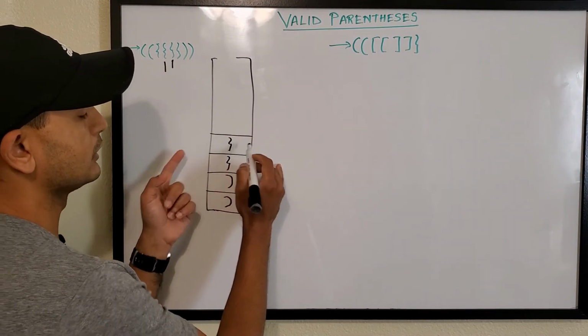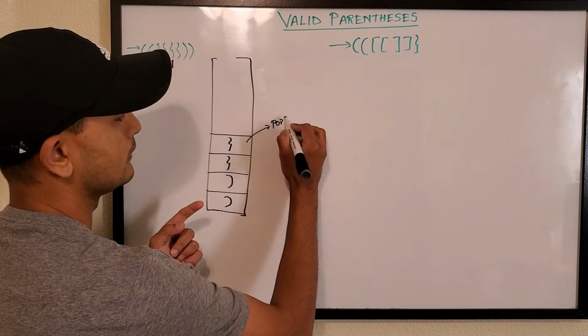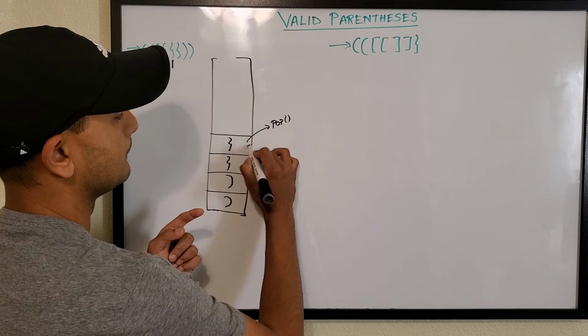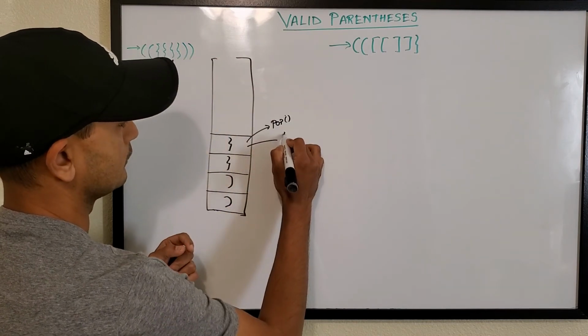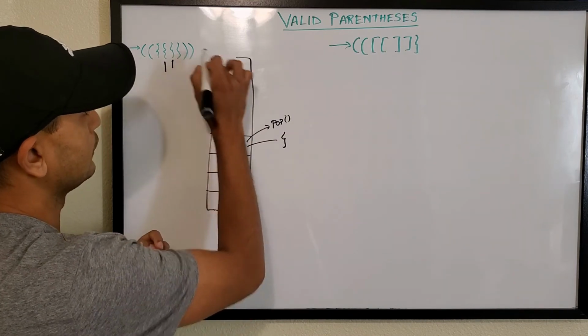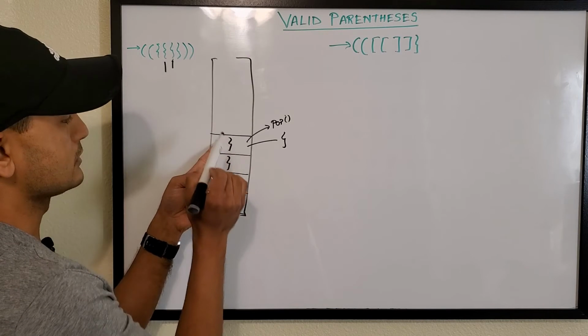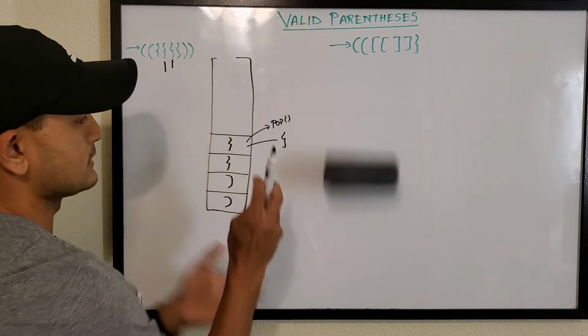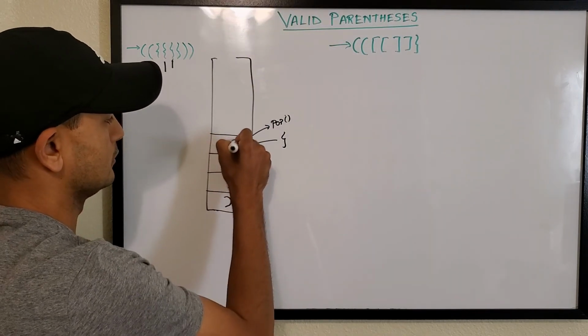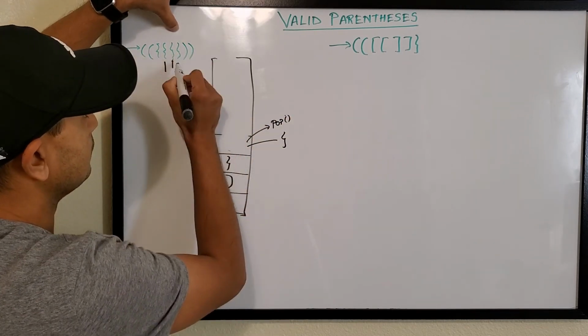When we find a closing bracket, we do stack.pop and compare it with the current character. If it matches, we keep continuing. So we do stack.pop and compare it with this. It matches, and now this is gone, right? We did stack.pop. Next we check this.